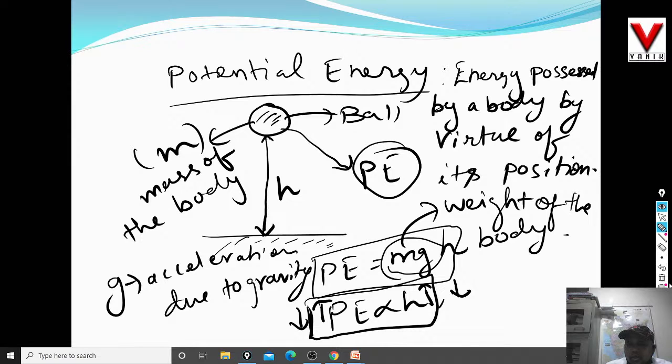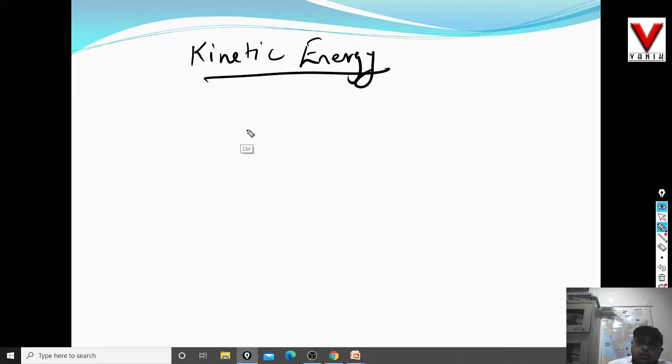Let us understand the next term of mechanical energy, that is the kinetic energy. Now see, what is kinetic energy? This is a body, and now this body is in motion.